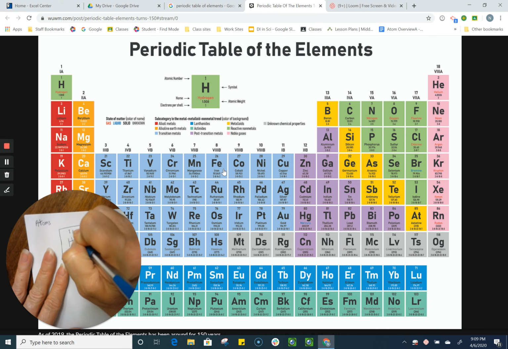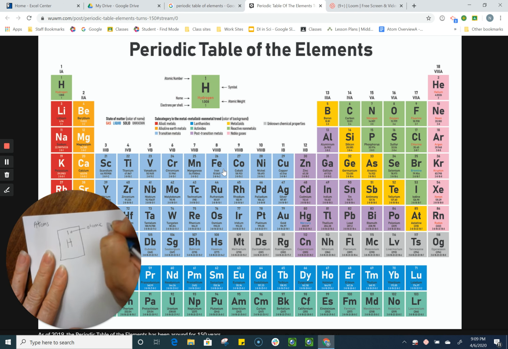There is a whole number, one without a decimal, and that is called the atomic number.